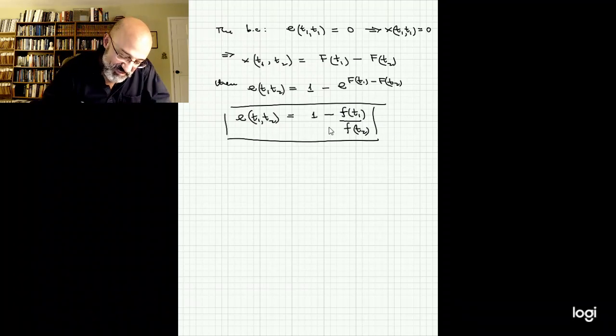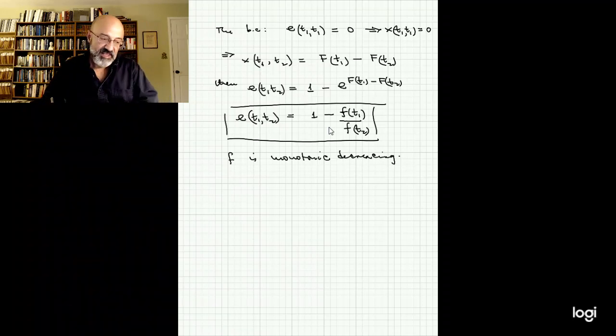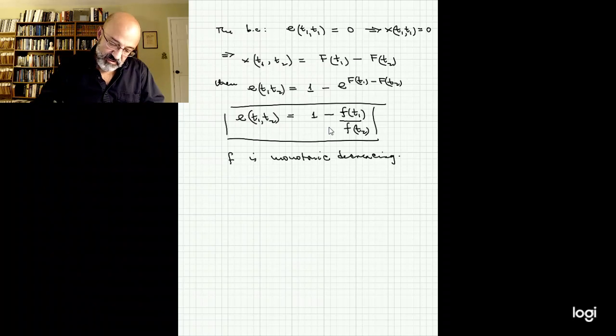So what that means is that F is monotonic decreasing. Decrease has a, that's bad. That's with an S, right? There, that's much better.